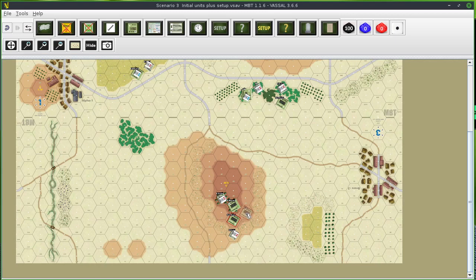I can move this one down, I suppose, and point it in that direction. I mean, they're going to be spotted right away because of the enemy unit with ground-based radar. I'm going to remove the spotting command.